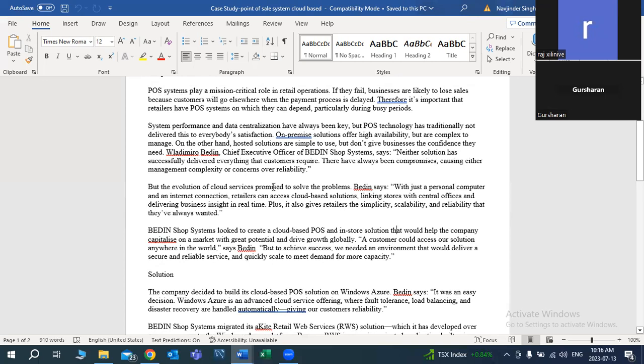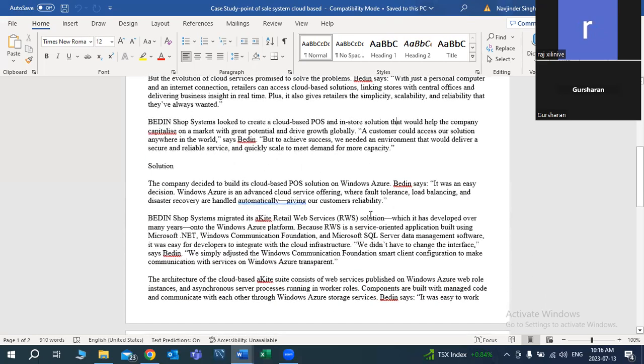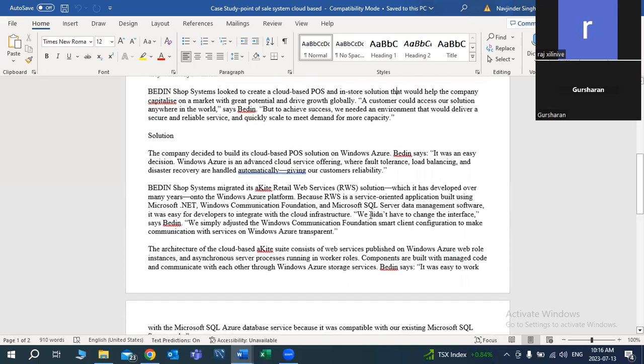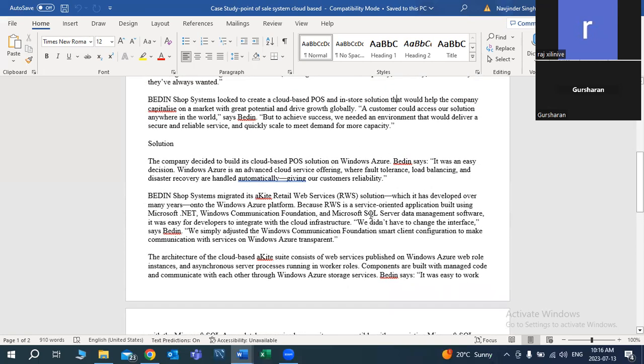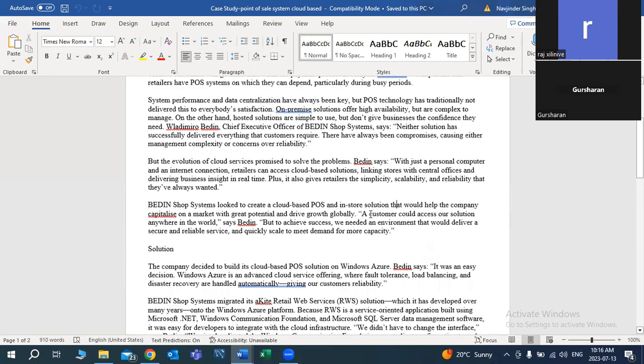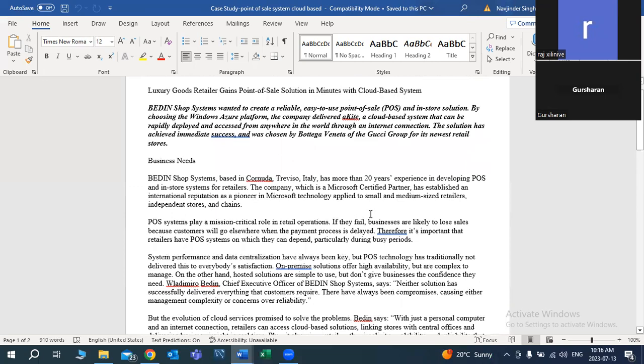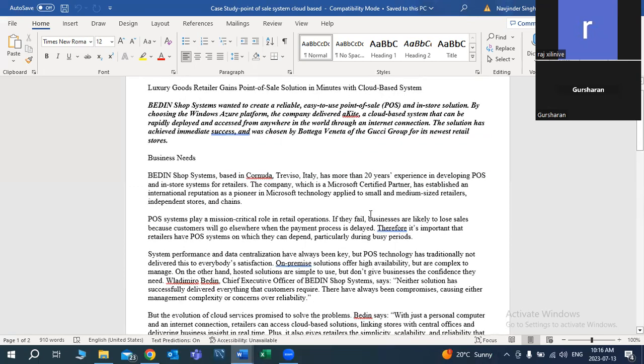There was some problem which retail store owners are facing that was mentioned already. So what was the driving factor to develop the cloud-based point of sale system? The driving factor, what is the motivating factor?